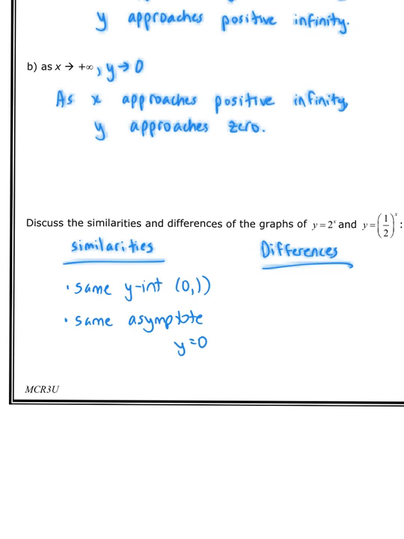And the differences, we notice that the end behavior is opposite. And you should have also noticed that the shape is reflected in the y-axis.